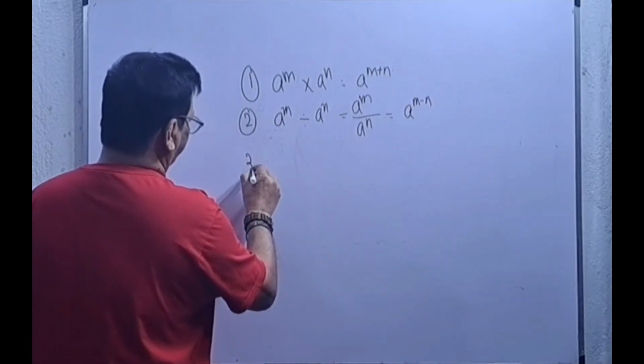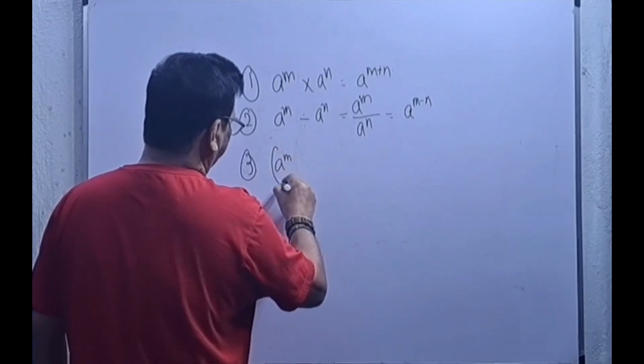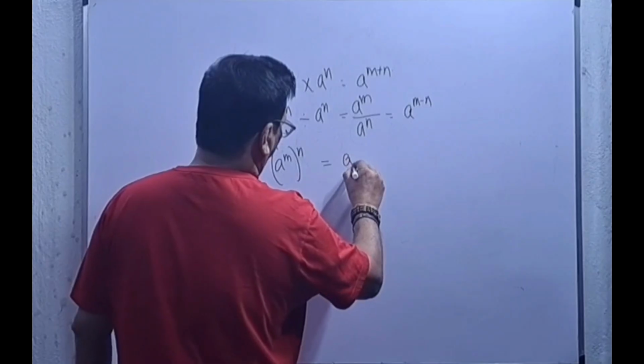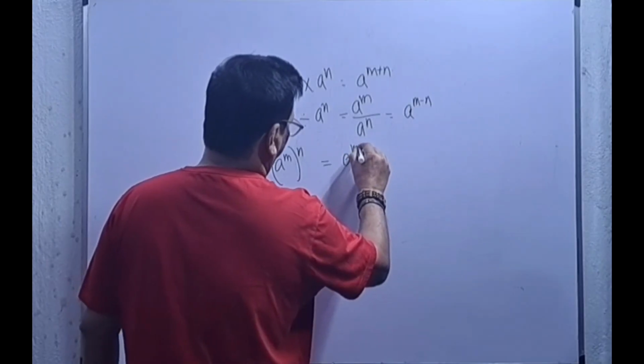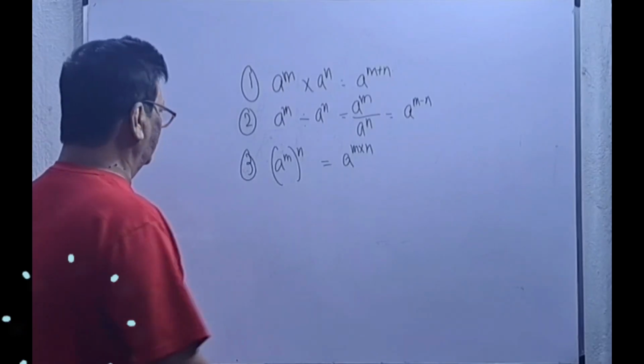Number 3 was a to the power of m whole thing raised to the power of n will be equal to a to the power of m multiplied by n. To that I am adding 2 more rules.